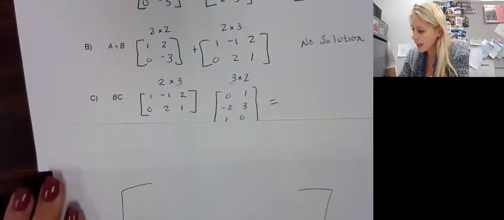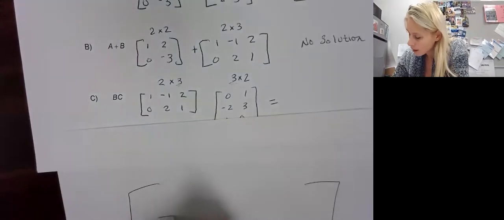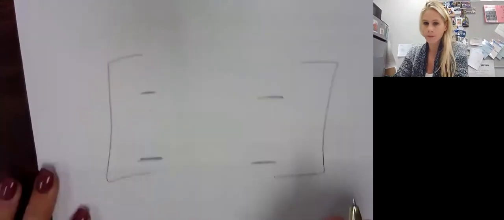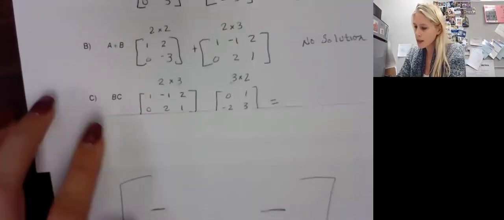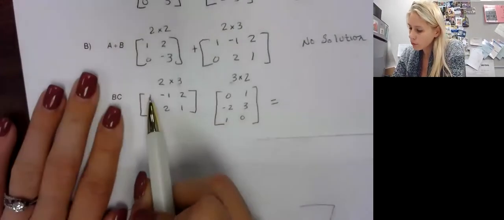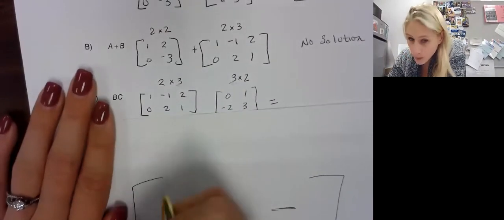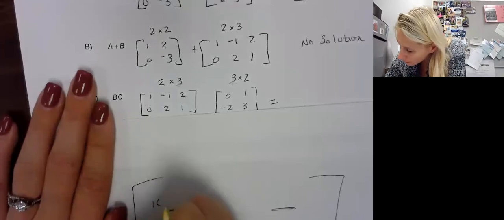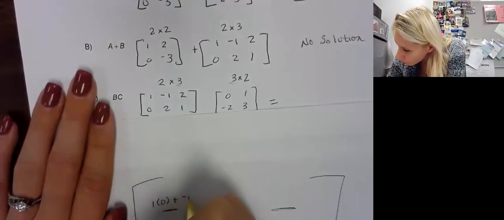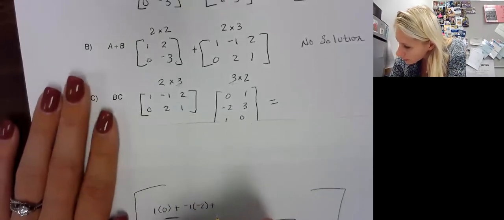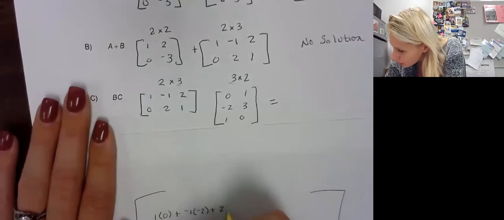I'm going to make it big enough so that I give myself enough room. Okay, so that's how I'm making it. All right, so row 1, column 1, which means I'm going 1 times 0 plus negative 1 times negative 2 plus 2 times 1.